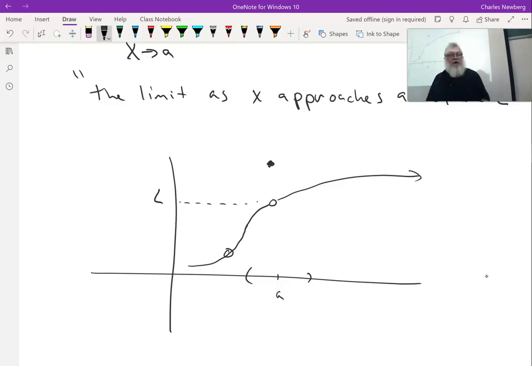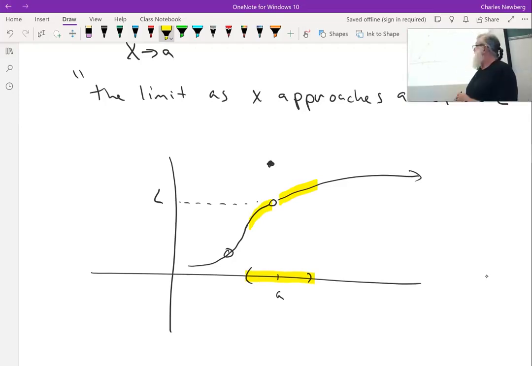You see, if I'm an X value in this interval here, except at A, am I defined to begin with? I am. Now, is f of A defined? Yes, it is. Okay. So now let's look. As we go into A on this side, well, what's happening?